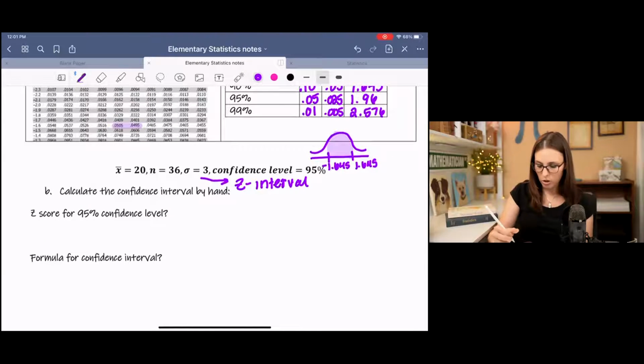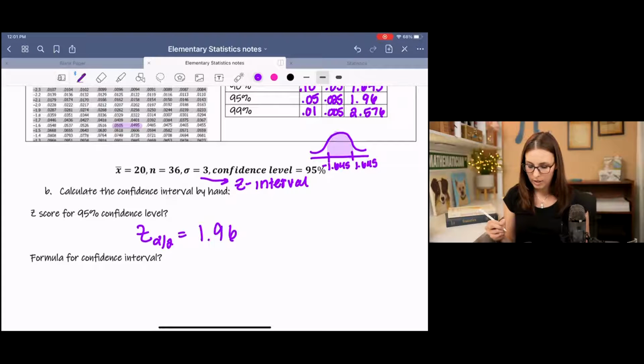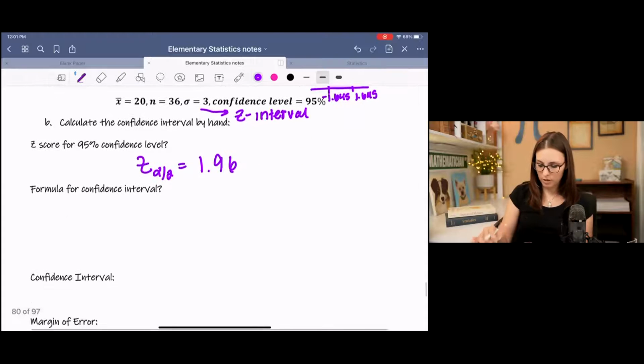The Z-score associated with 95% is about 1.96. And then the formula for this confidence interval is X bar plus or minus that Z-score times the standard deviation.